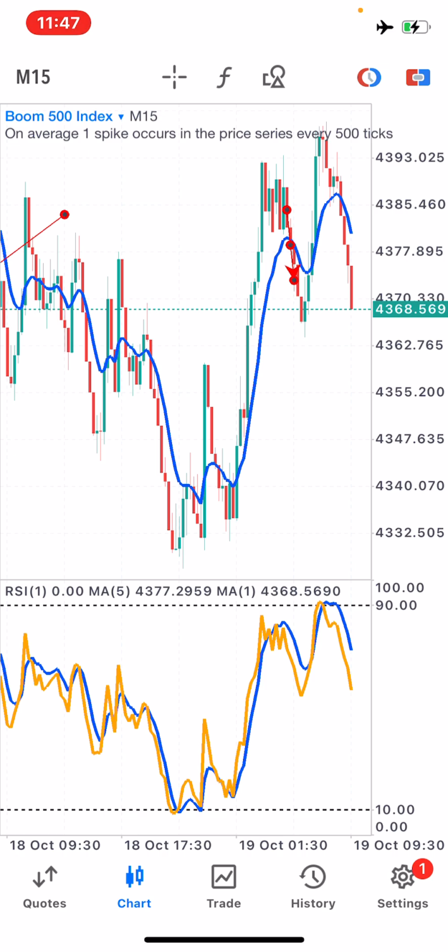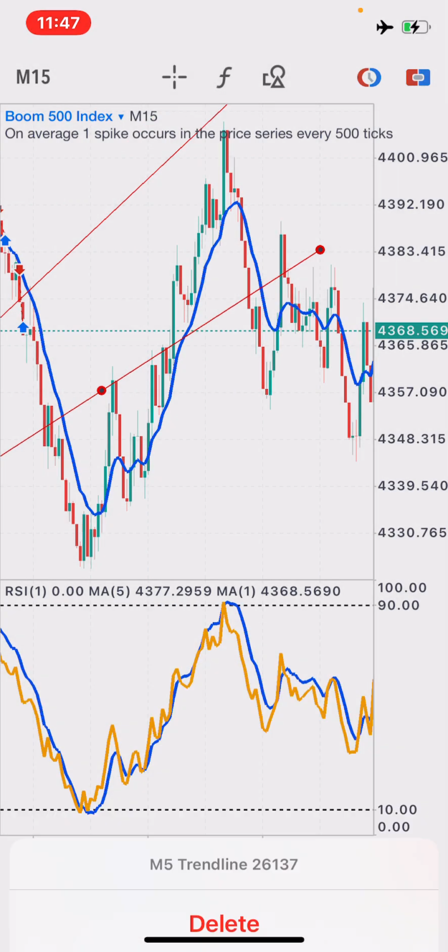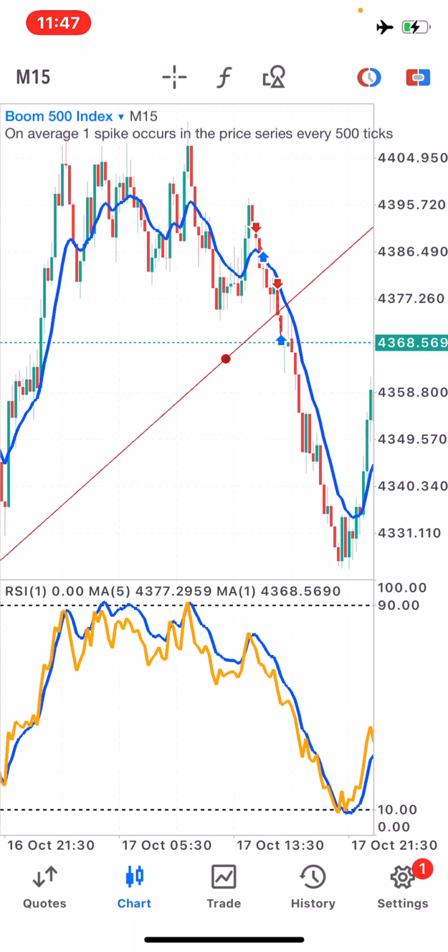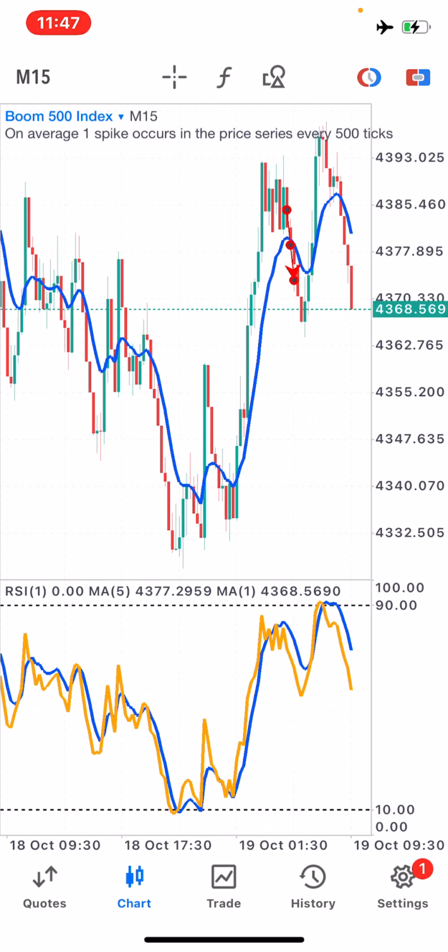Okay, with that said, let's talk about what we have right here on the charts. Let me quickly remove some of these lines so that they don't confuse you. What we have right here is a strategy that we're going to be using to do long position trading or intraday trading, because we're going to be using a 15-minute time frame, which means you're going to be looking at a bigger picture than we normally do, probably in your 1-minute or 5-minute time frame.